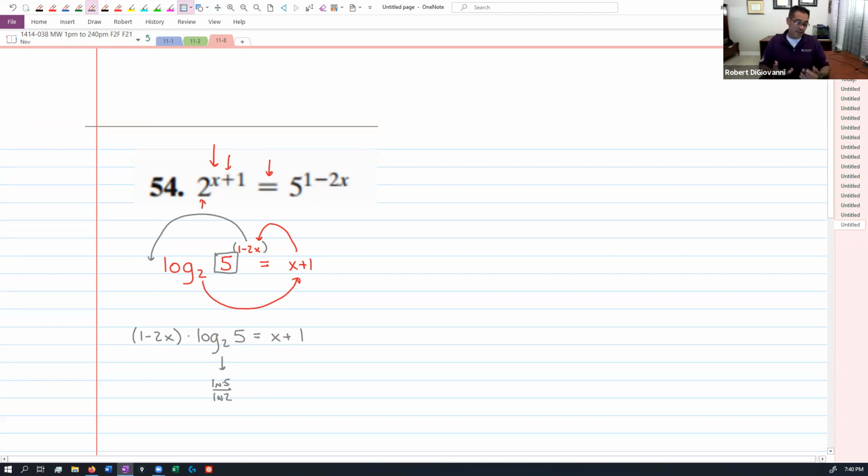So we could get that as a decimal. If I do that, I get natural log 5 divided by natural log 2 as a decimal. This becomes 1 minus 2x, that decimal is 2.322, and then equals x plus 1.